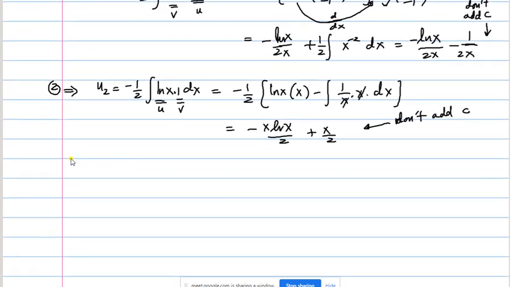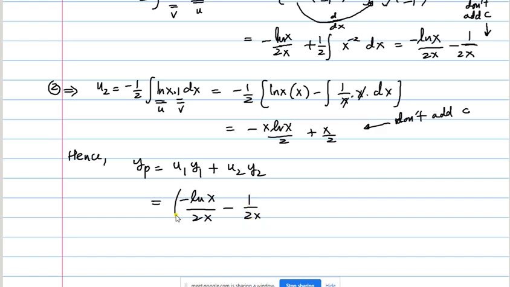So hence our yp is u1 y1 plus u2 y2. So for u1 I got minus log of x by 2x minus 1 by 2x. This is my u1, and then y1 was just x, plus u2, I got minus x log of x by 2 and plus x by 2, and y2 is 1 over x.